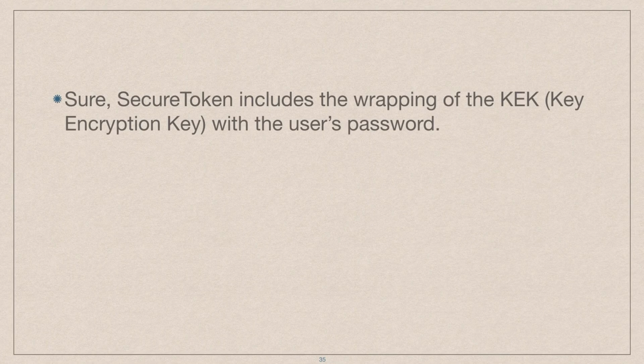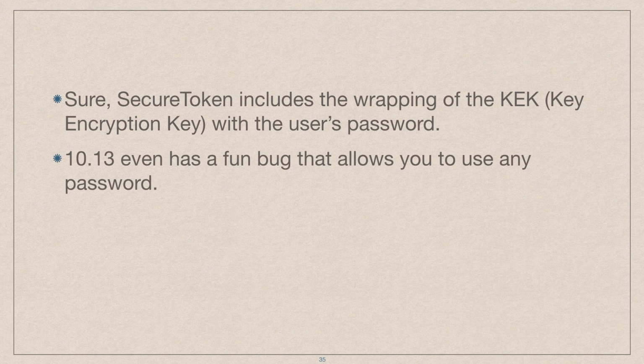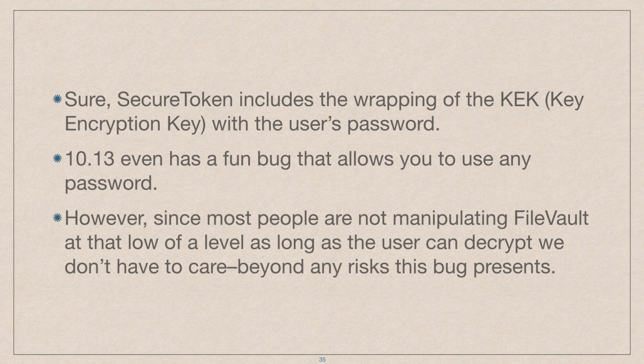SecureToken is wrapping the key encryption key with the user's password. 10.13 even has a fun little bug, which means it doesn't even care what password you use. However, since most people aren't actually manipulating FileVault at this low of a level, as long as the user is able to decrypt the disk, most of us don't happen to care.